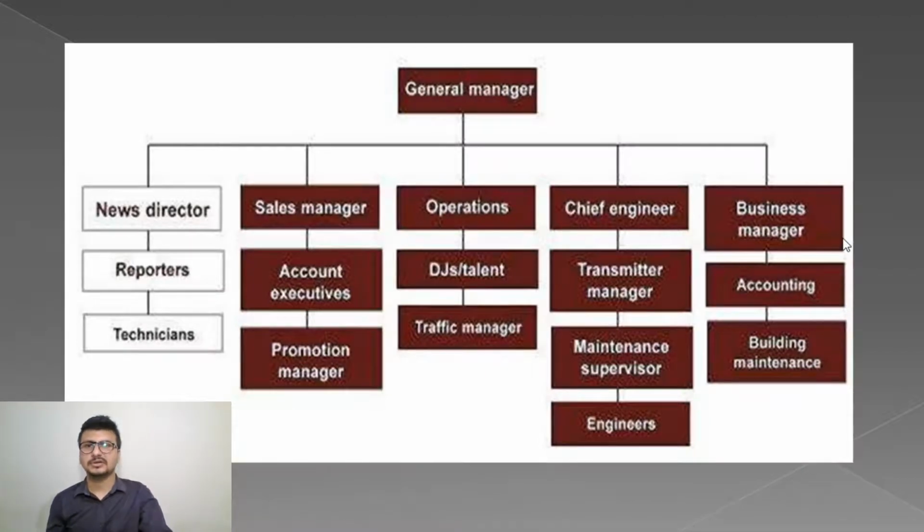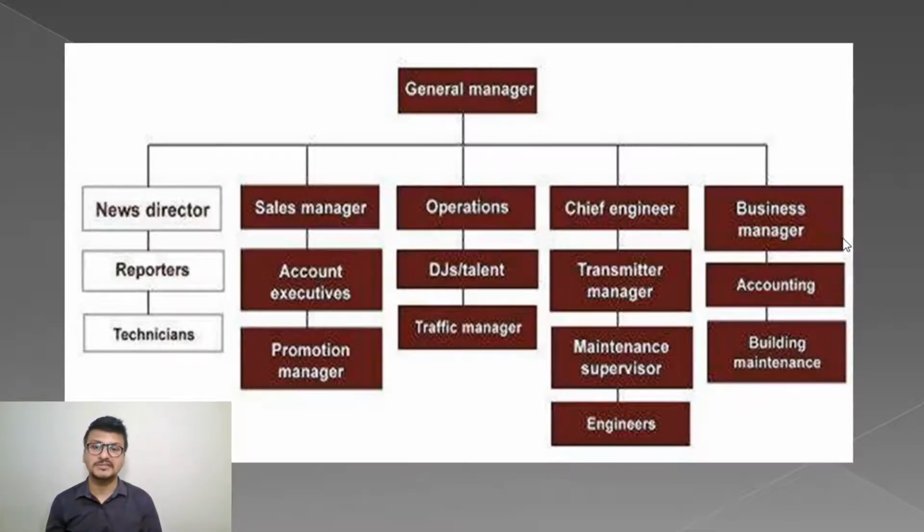So this is a general flow chart of the radio station. On the top there is the GM, the general manager. Under him come four important sections: news director, sales manager, operations, chief engineer, and business manager. Under the news director, we have reporters and technicians.